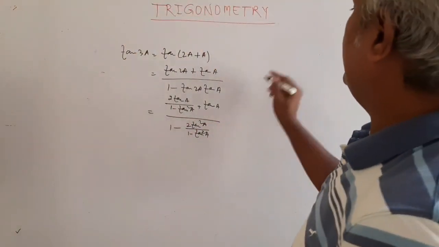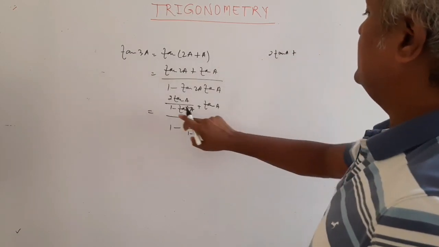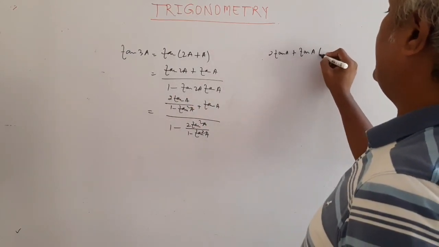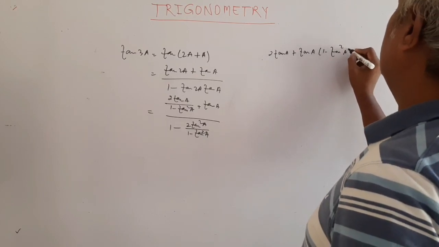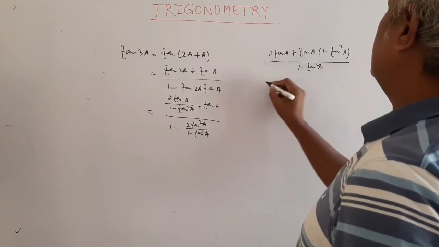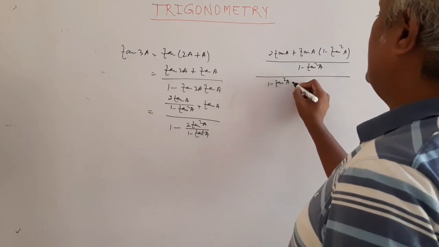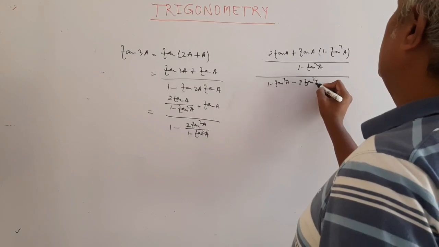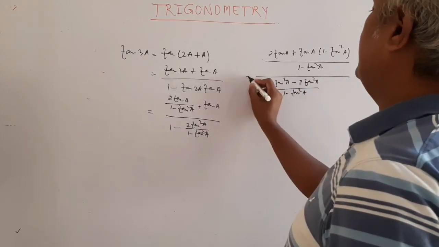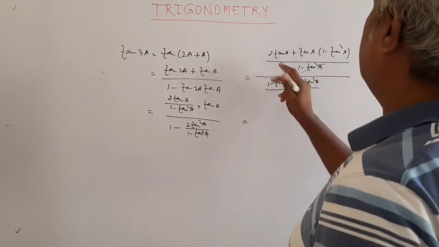So here if you take the LCM, this becomes 2 tan a plus this whole thing multiplied by tan a, added with this, so this becomes tan a times 1 minus tan square a over 1 minus tan square a, whole divided by 1 minus tan square a minus 2 tan square a over 1 minus tan square a. So these two cancel.